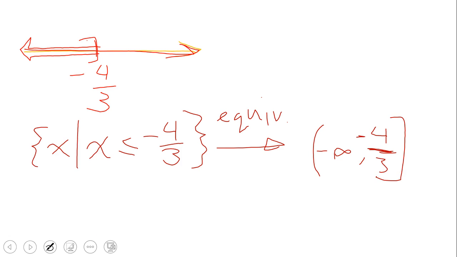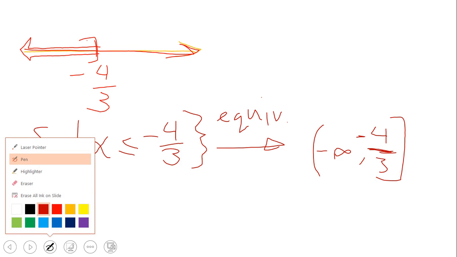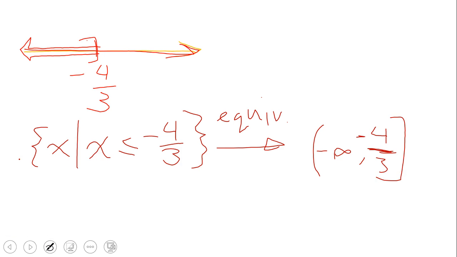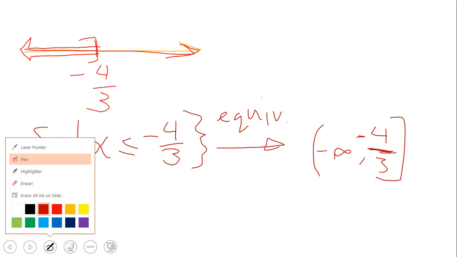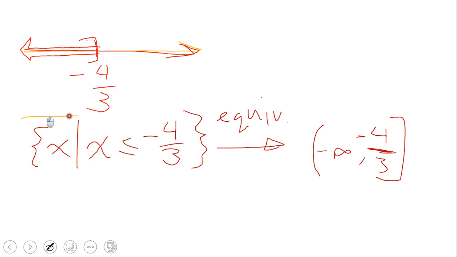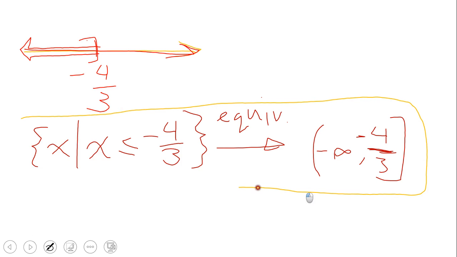So either of these would be acceptable. Okay. So that's how you deal with the linear inequality.